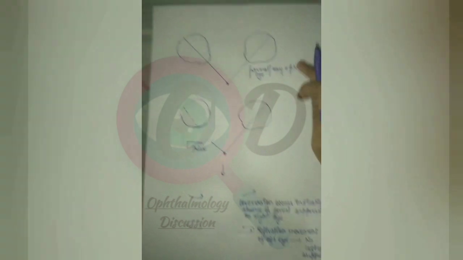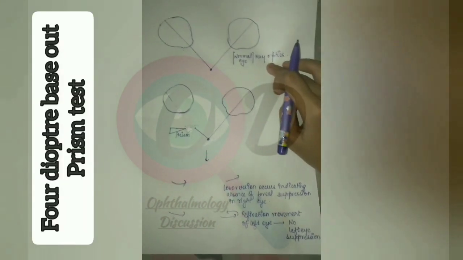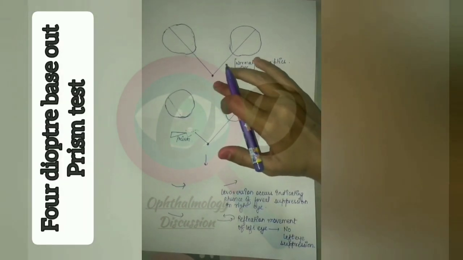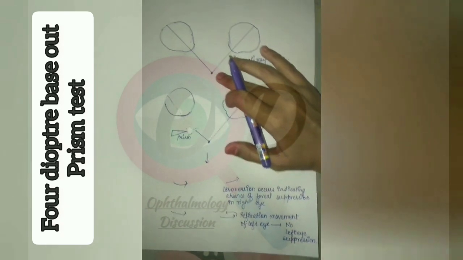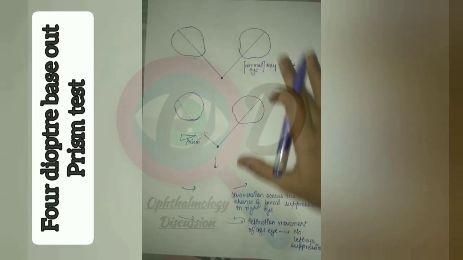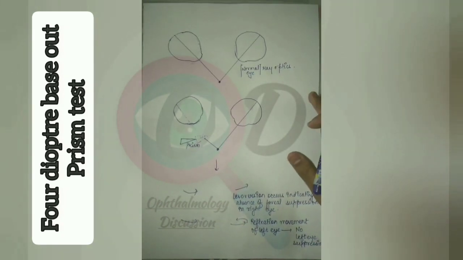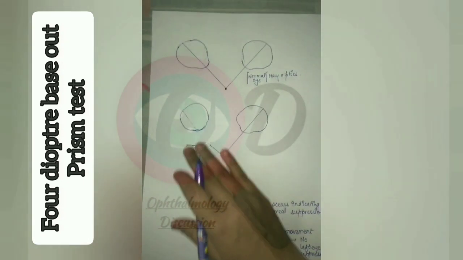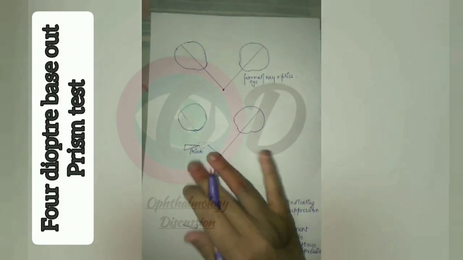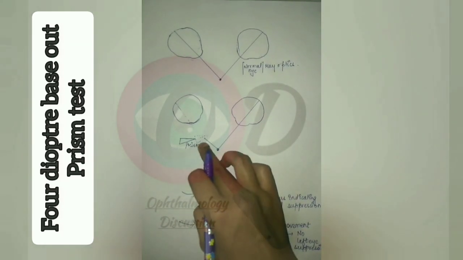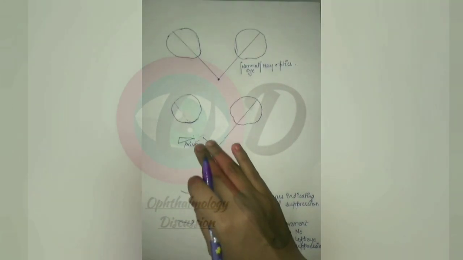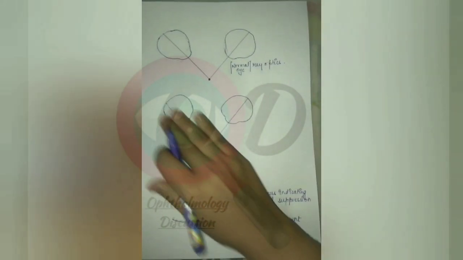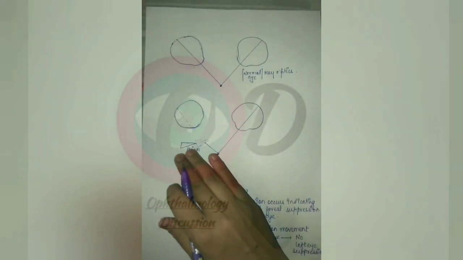This is the normal ray optics of an eye, where we are focusing one object on the fovea of both eyes. But whenever we place a prism in front of an eye, the rays get deviated towards the base of the prism.